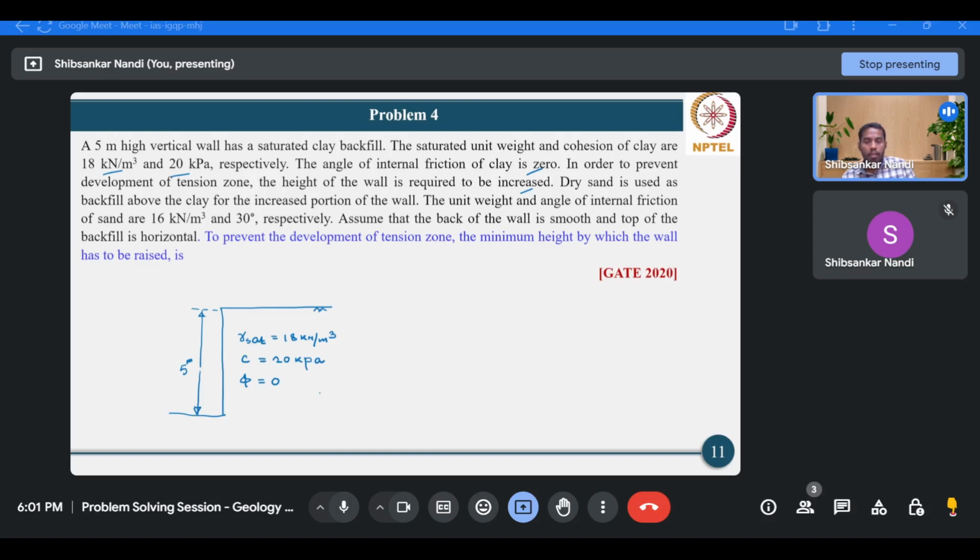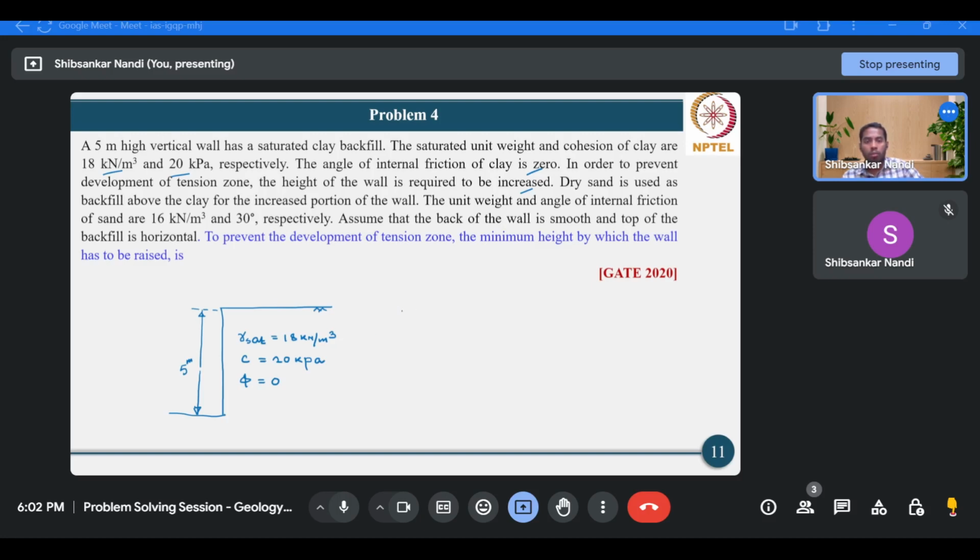Now obviously, since this is a purely cohesive backfill, there should be a depth of tension crack, but in reality we don't require that tension zone.